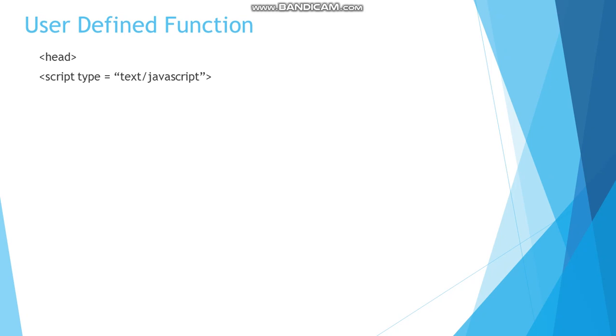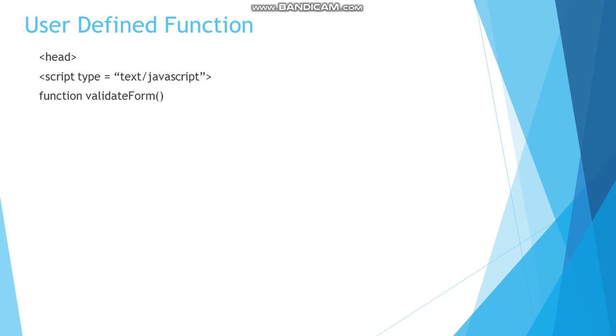So as you can see here, if you want to create a user-defined function, then you have to write it inside the head part. So inside the head part we have written script tag, and inside the script tag, if you want to create a user-defined function, then you have to start with the function keyword.